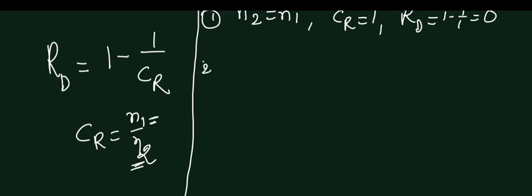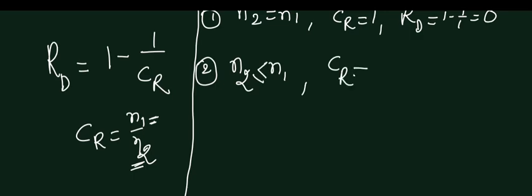Let us consider the second condition, where n2 is very much less than n1. What will happen to the compression ratio? When you estimate it, you will say that the compression ratio is infinite, and RD, relative data redundancy, tends to 1.